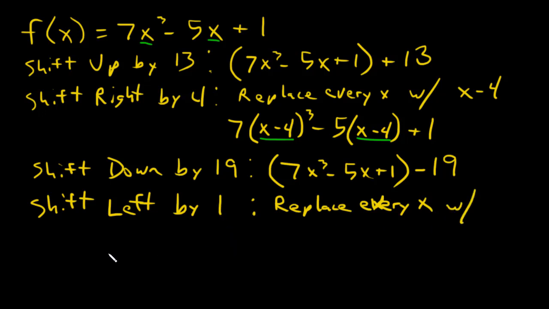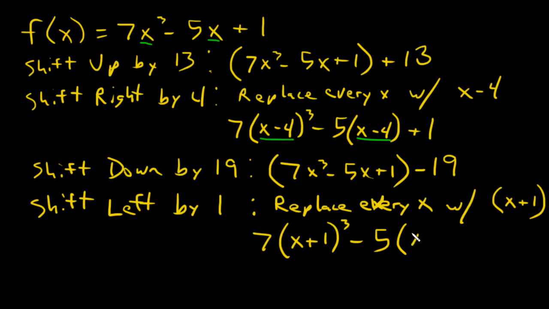Well, if I'm shifting left, I know that it's the opposite of what I expect since it's a horizontal transformation. So I'm going to replace every x with x plus 1, right? So here we go. I'm going to have 7 times x plus 1 quantity cubed minus 5 times x plus 1.